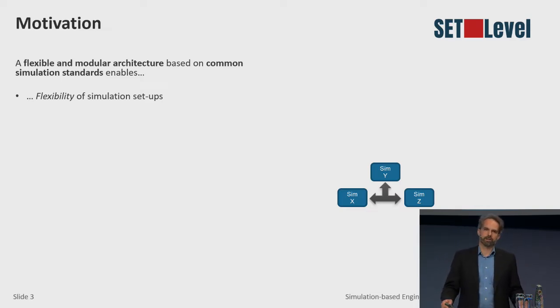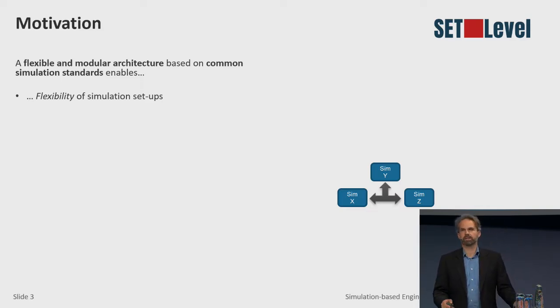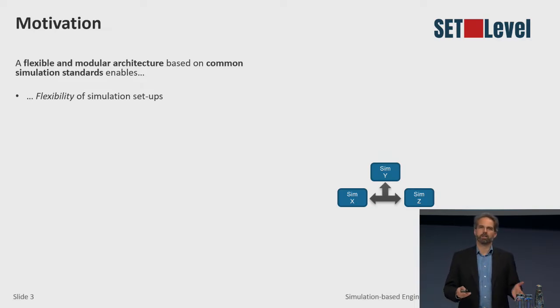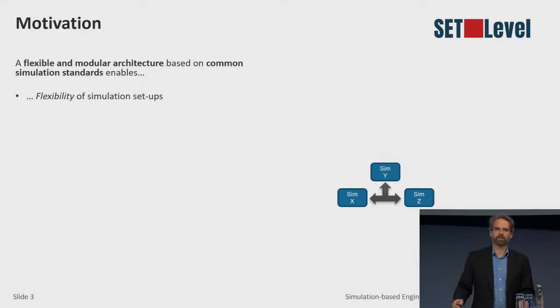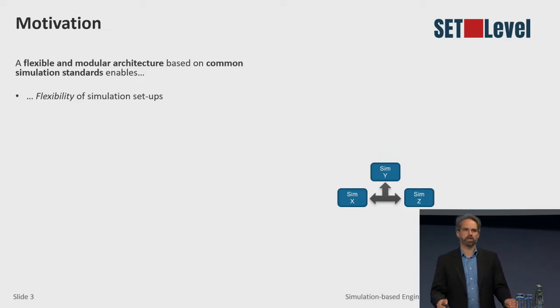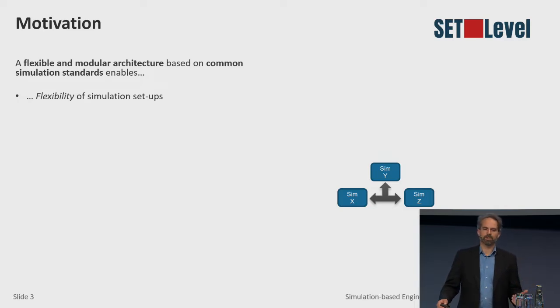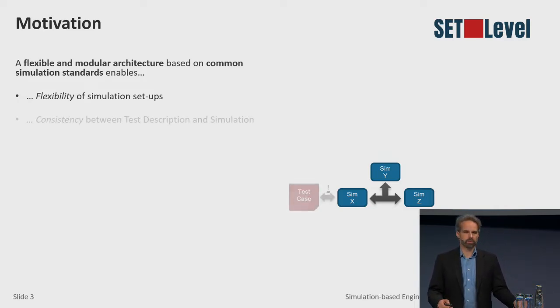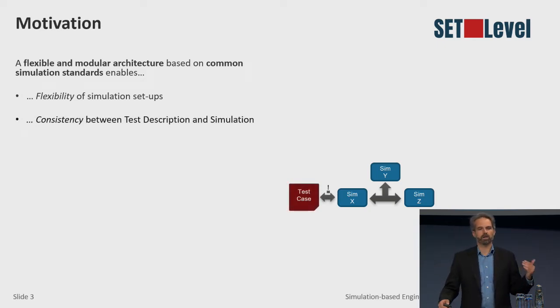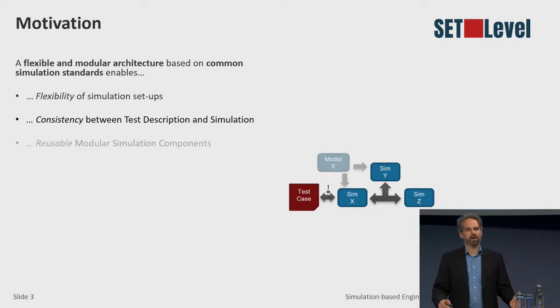A good architecture enables flexibility of simulation setups. You have a lot of different simulation tools and setups, depending very much on the simulation task you want to solve. So flexibility enables you to be faster in your simulation development. You always want to have a tight consistency and connection between your test case and the simulation you carry out.